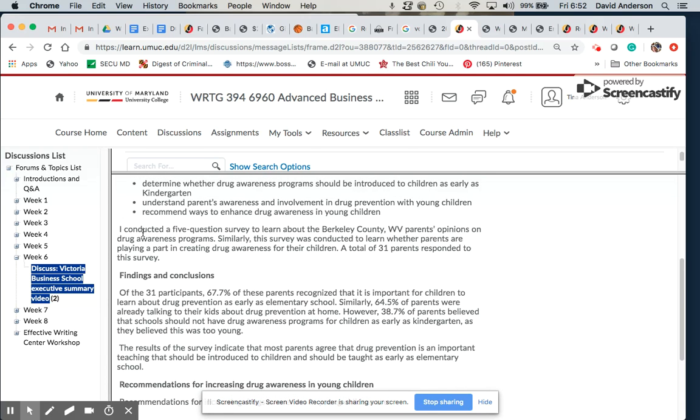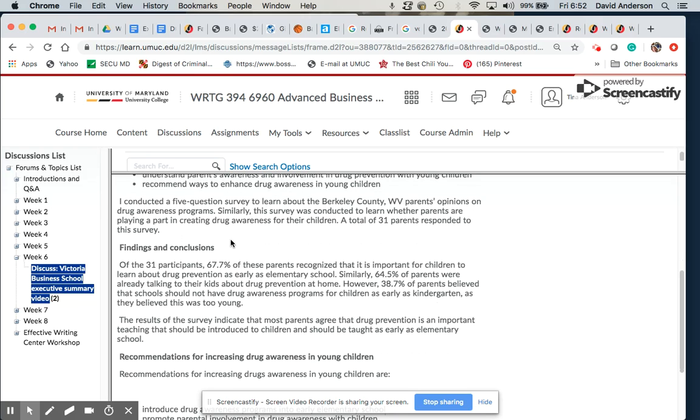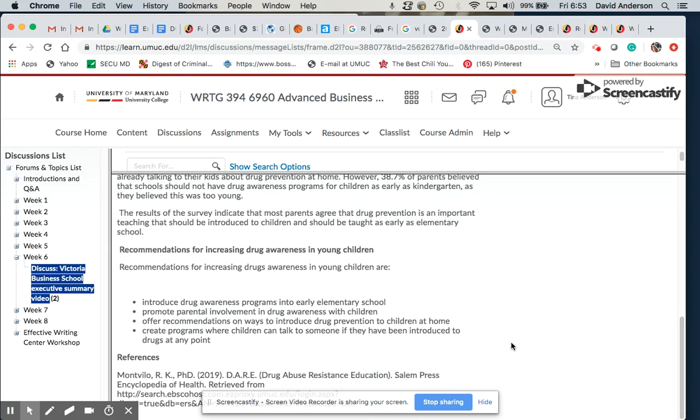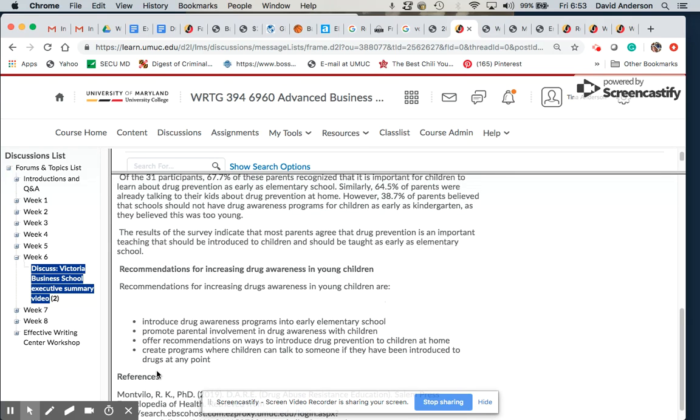Most importantly, in an executive summary, you want to remove first-person references, because the executive summary is as basic and business as you can get it, as factual and to the point as you can be. And an executive summary does not include references because it's one component of a larger paper.